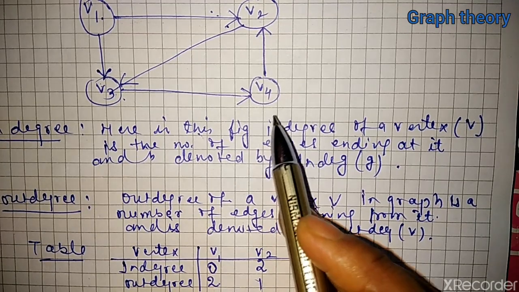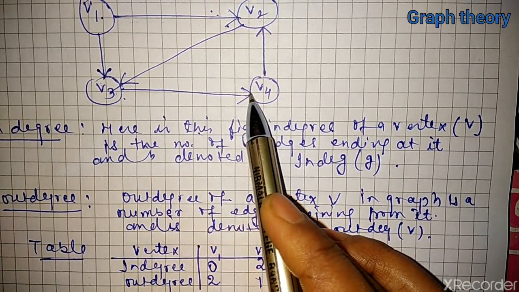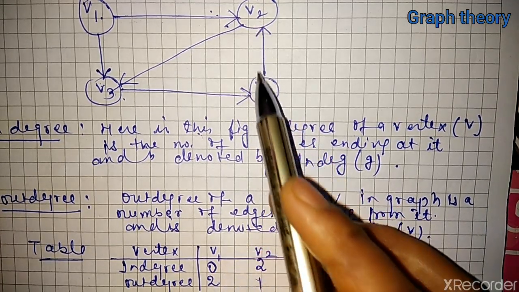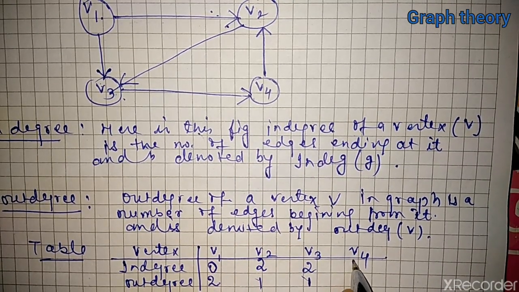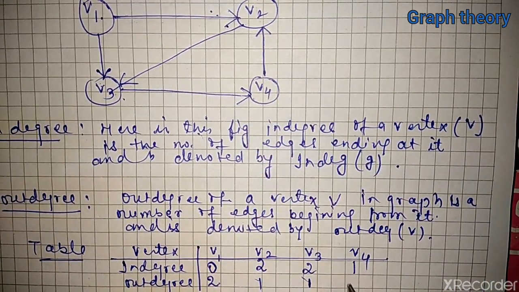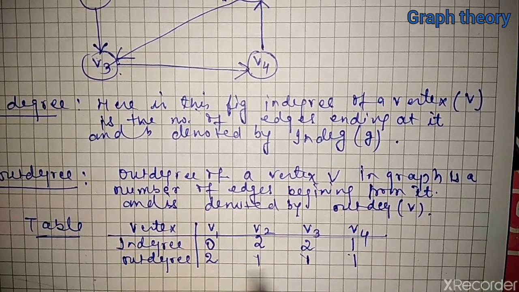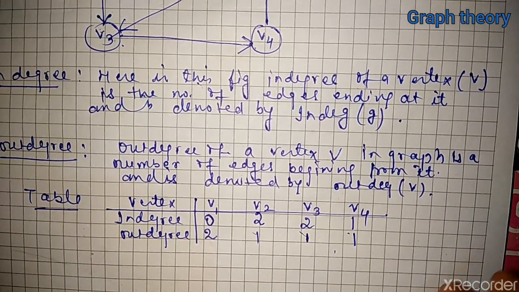For v4, we come from v3 to v4 and go out from v4 to v2, so the in degree is 1 and the out degree is also 1. This is how we write the in degree and out degree of a graph.